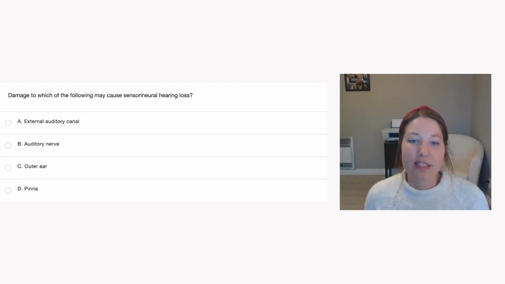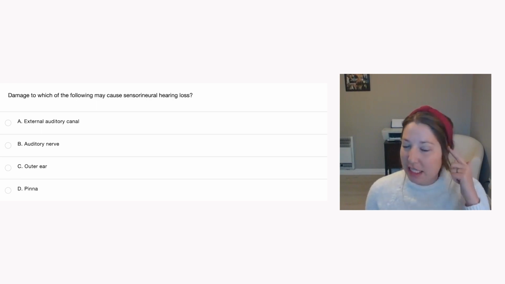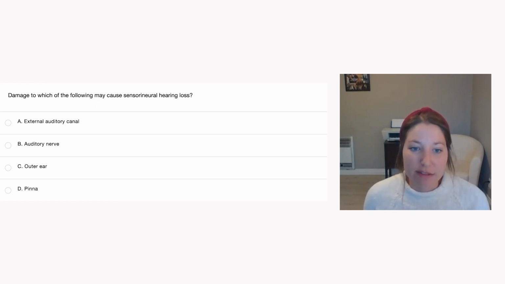Conductive hearing loss is caused by problems with the outer ear or the middle ear. So the external auditory canal, external auditory meatus, connects the outer ear to the middle ear, and the pinna is the visible portion of the outer ear. So if you had damage to these portions of the ear, you would have conductive hearing loss.